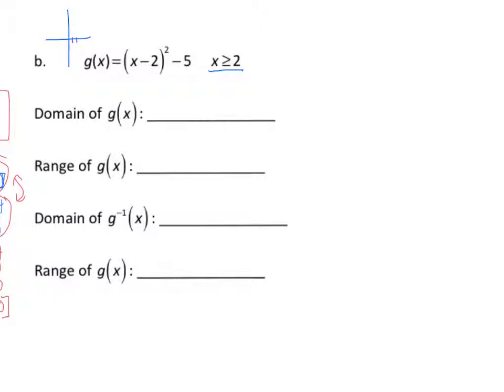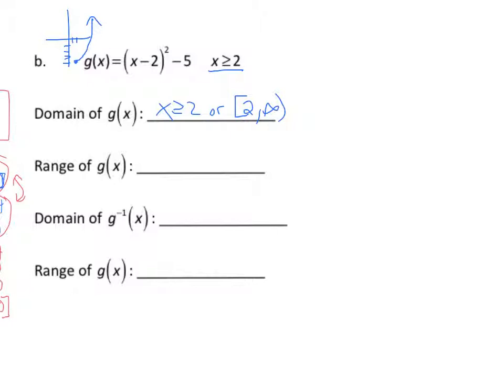So over 2, down 1, 2, 3, 4, 5. But the function is only defined when x is greater than or equal to 2, so it's only going to be that one side. And then the domain for this function, we could start there. It's already given to us. That is x is greater than or equal to 2, or we could say in interval notation, 2 to infinity.